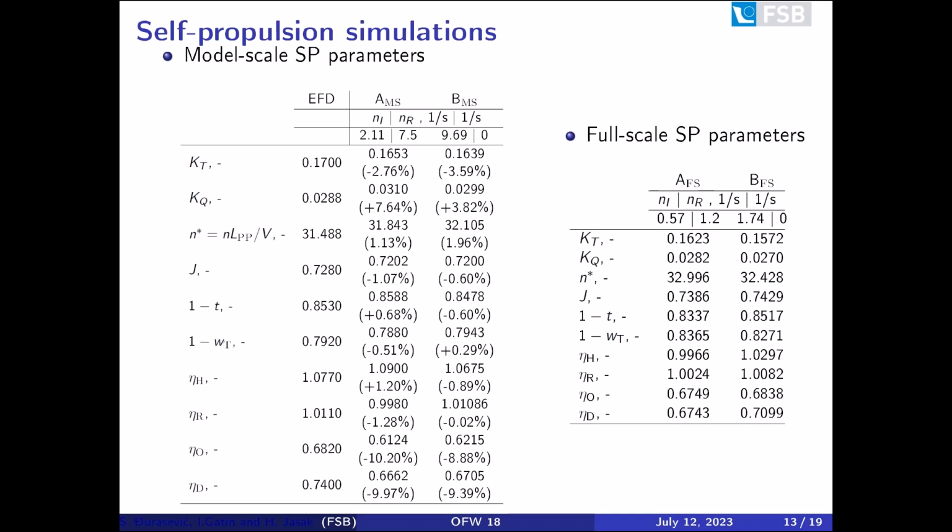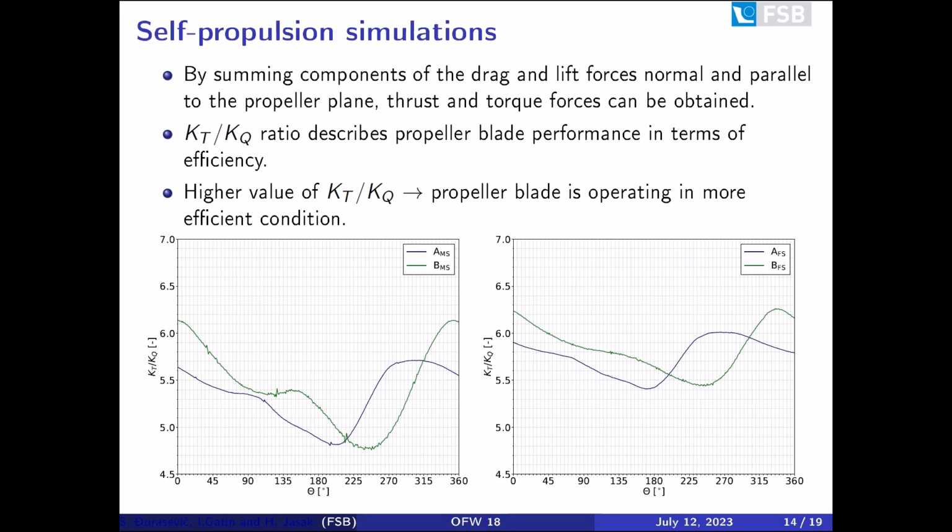From the obtained results, it can be concluded that the propeller is operating in more efficient conditions in full scale, which can also be concluded if the curves of the thrust and torque coefficient ratio are observed. This ratio has a similar meaning as lift to drag ratio. It describes propeller blade performance in terms of efficiency. A larger average value of this ratio can be observed in case of full scale, which, as mentioned before, implies better efficiency in full scale.